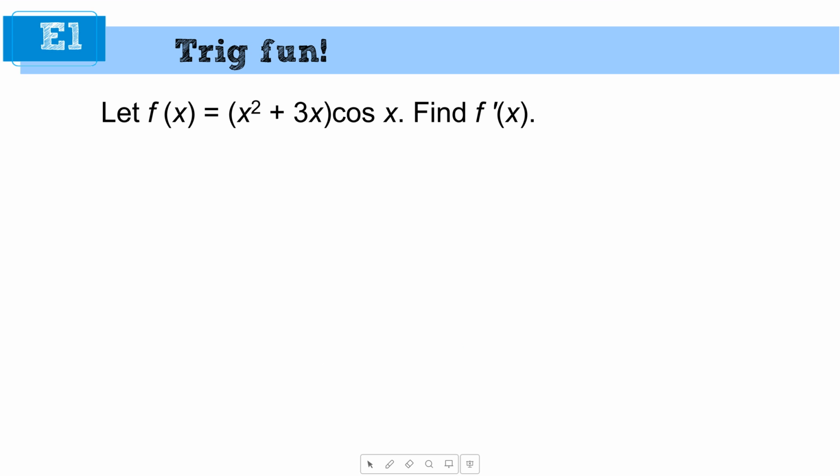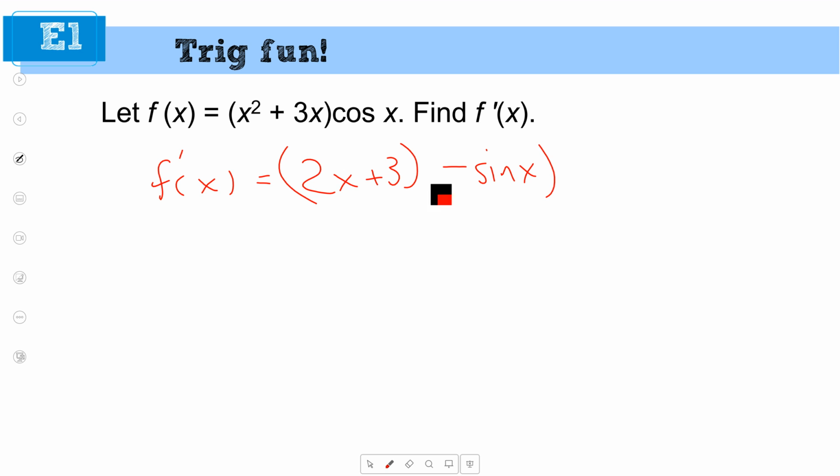Then the fun starts. If you know the derivatives of the trig functions, then we can start incorporating them into other things we've done, like, for instance, product rule. 2x plus 3 times the derivative of cosine. Well, it's a cofunction, so I'm going to put a minus in there, and that's going to be sine of x.